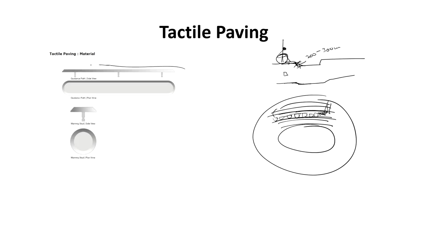If you see here, you see this guide path strip, a long strip, and you also see these studs. It is a section, a side view, and this is the plan you see. So you must have seen these two things which have been used in the tactile path. What do they signify? Let's get into that.